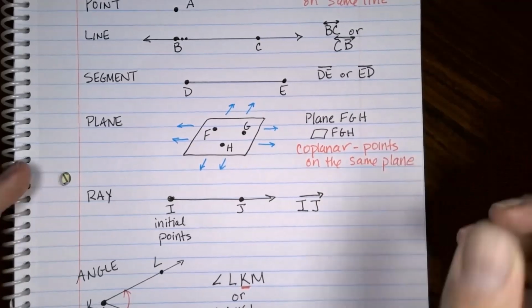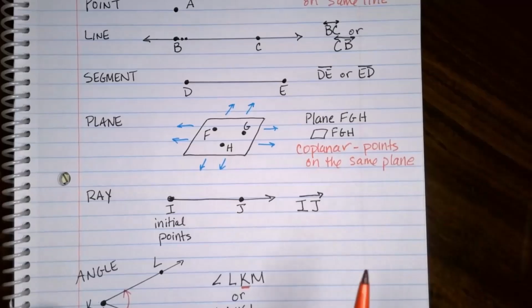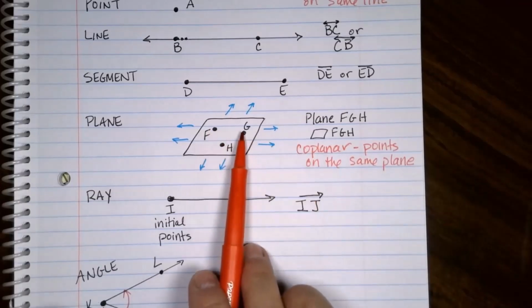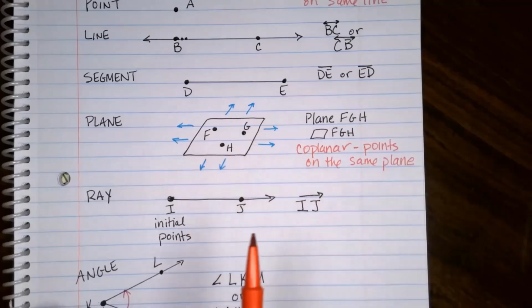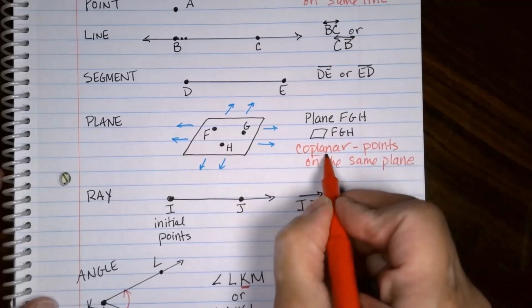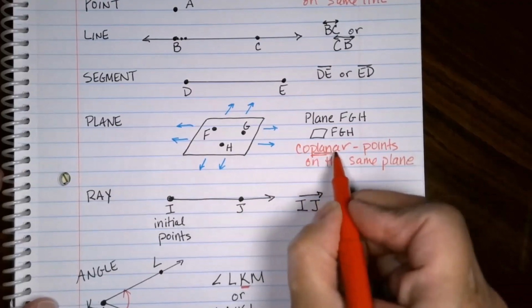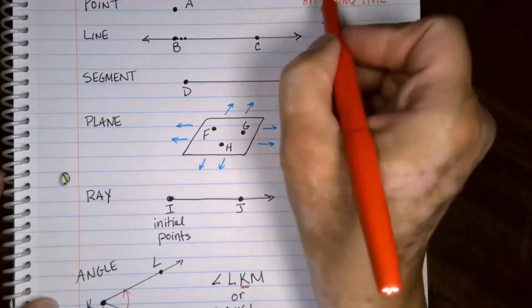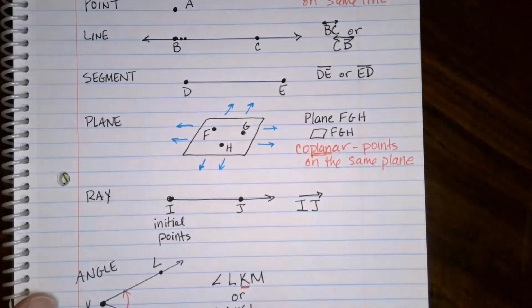Okay, some parts of your brain shut off when you start recording for YouTube. It's a known fact. Okay, so F, G, and H are actually on the same plane, so we can call them coplanar, and you're going to remember that word because of that root right there. Plane, plane, and line for collinear.